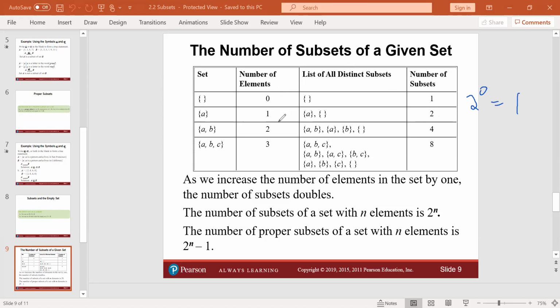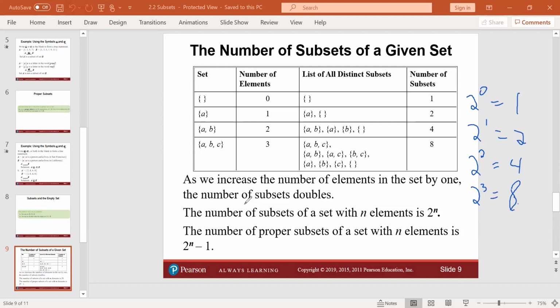The number of subsets of a set that starts with 1 element is 2 to the 1st, which is just 2. Raising to the 1st power does nothing. The number of possible subsets for a set that has 2 elements in it is 2 squared, which is 4. The number of possible subsets for a set that has 3 elements in it to start with is 2 to the 3rd power, which is 8.